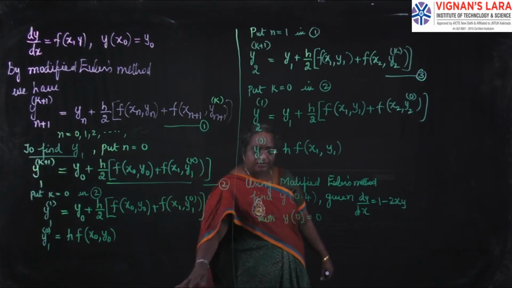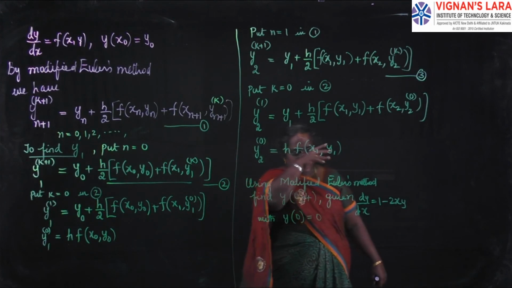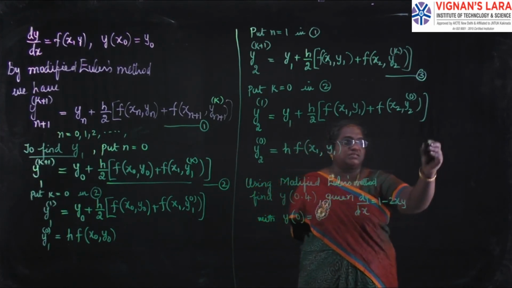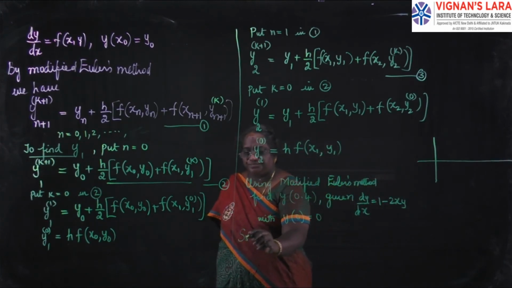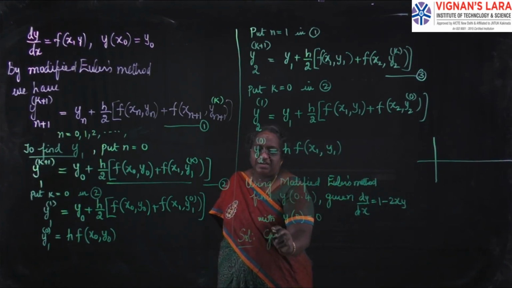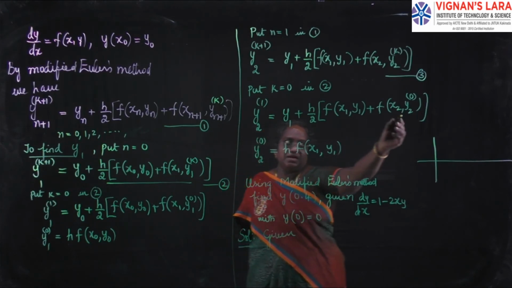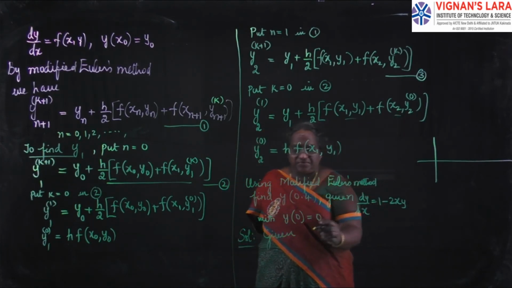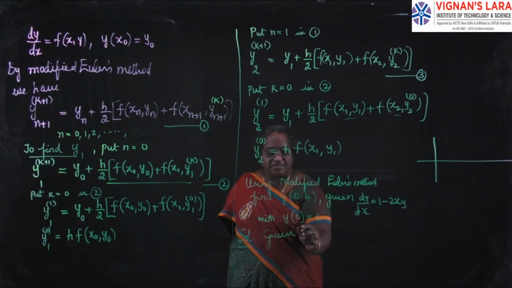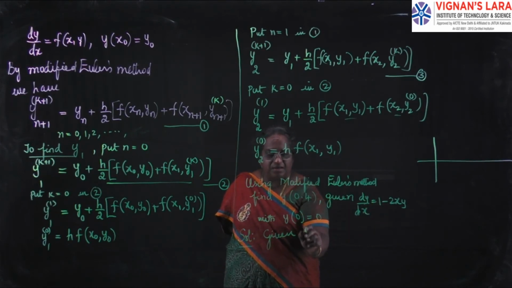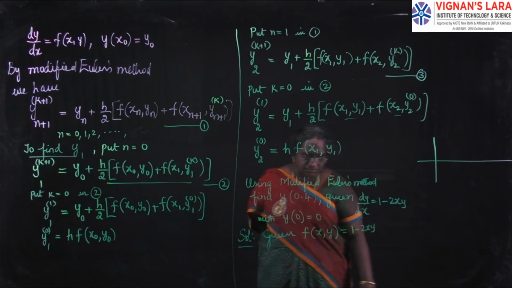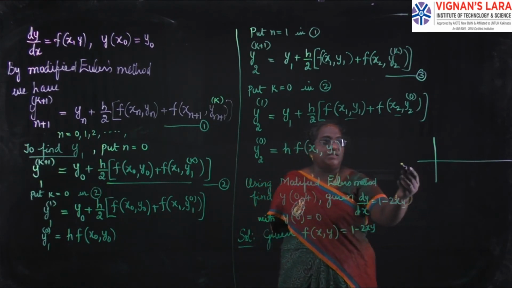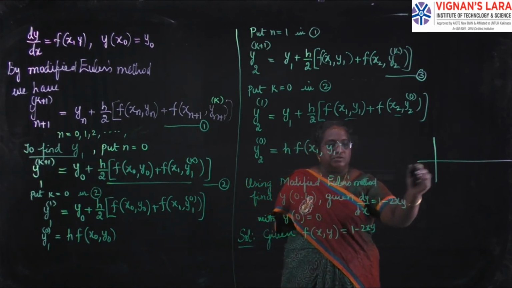Now here, whether we have to calculate y1, y2, y3, etc., depends upon the given values. Look into the formula, we need f of x y. Whatever dy by dx is given, that is f of x y. Given f of x y is equal to 1 minus 2xy.